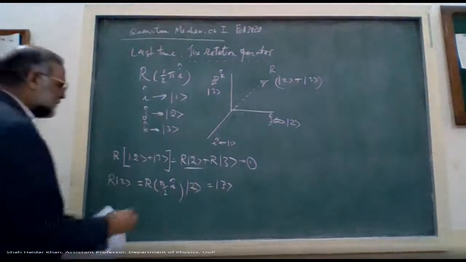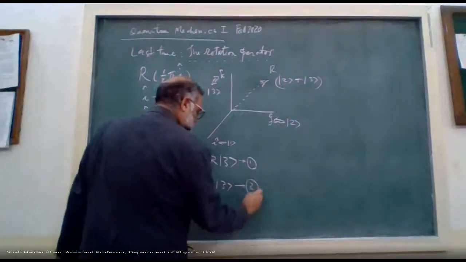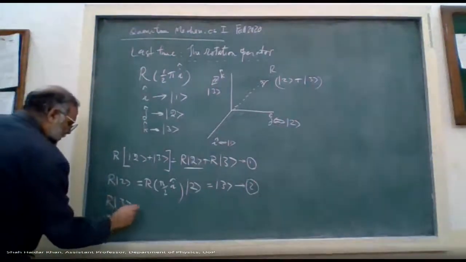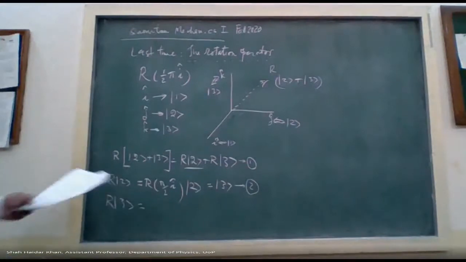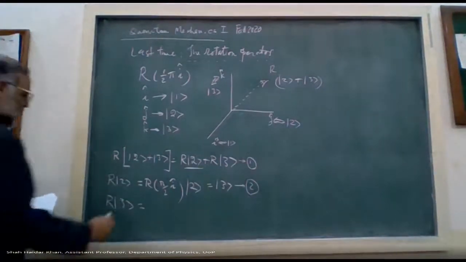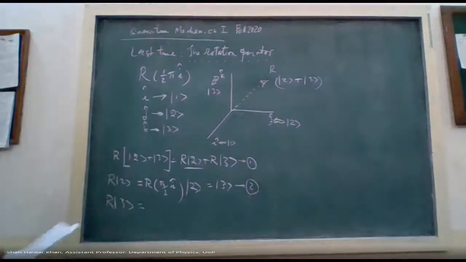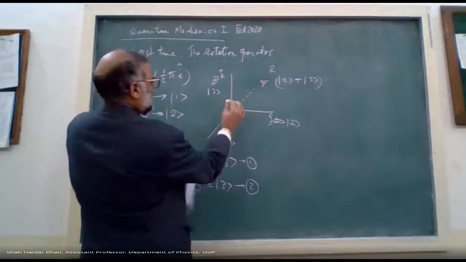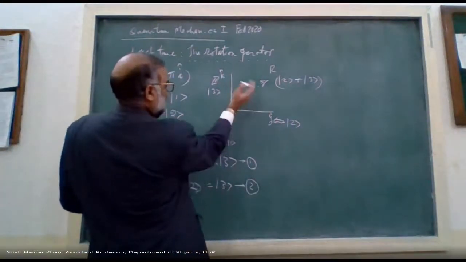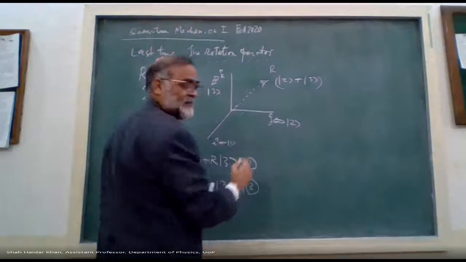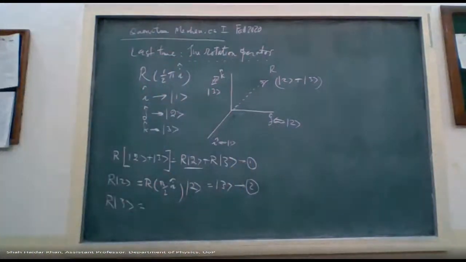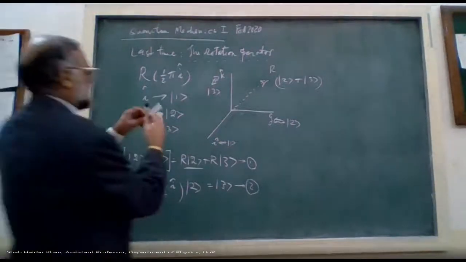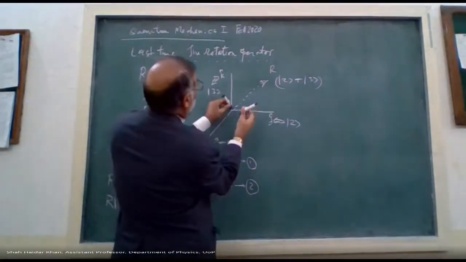Similarly, now when R acts on k3, right, what will be the situation? You are rotating k3, this is k3. Let me give you some good explanation to make it clear.